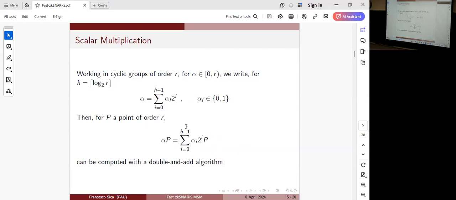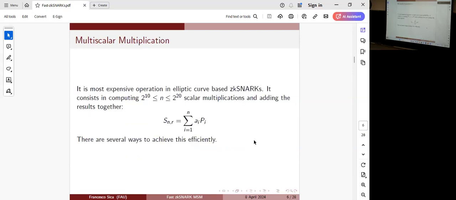Normally there are some speedups that you can use, but what I want to mention is that for zkSNARKs, you need to calculate a large number of such scalar multiplications together, and then add them together.